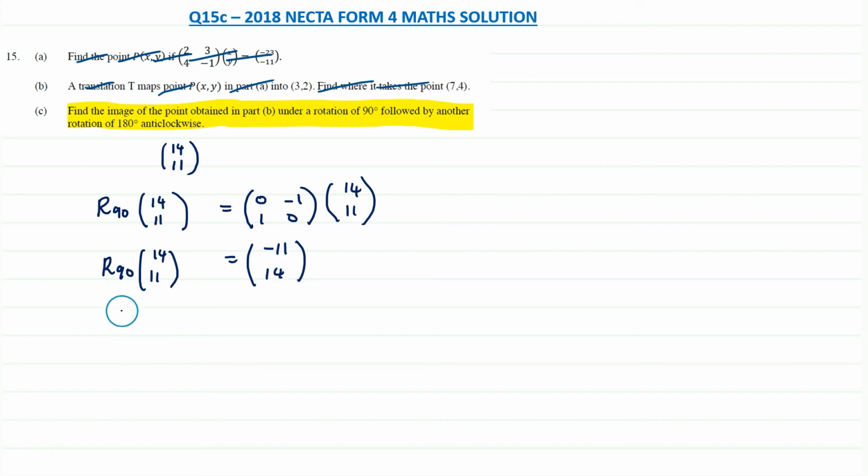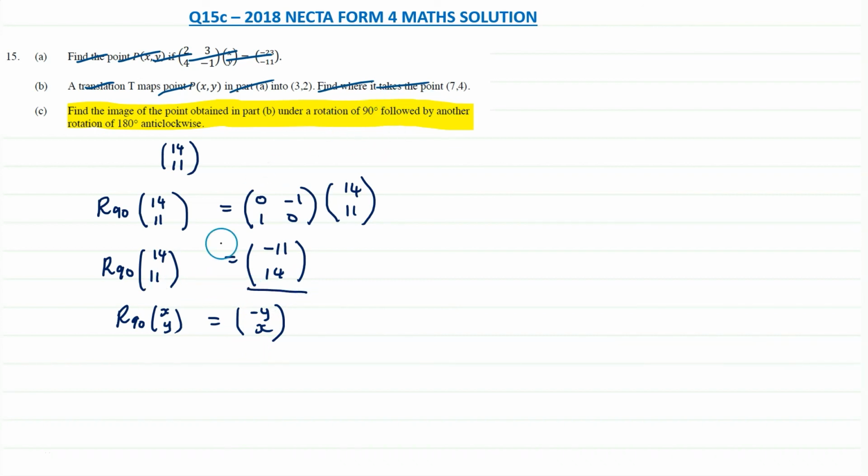Generally, if you're rotating something in the positive sense by 90 degrees, then the point (x, y) turns into (-y, x). So this goes up but changes sign, and this goes down here and becomes the y point. Okay, so that's that. But your answer to the first part is this one.